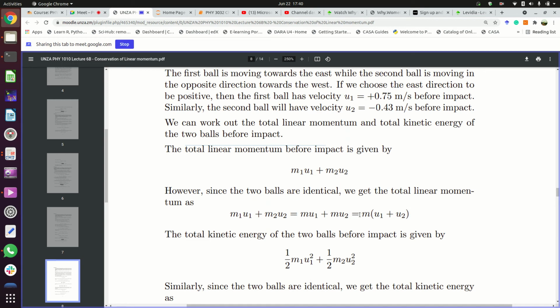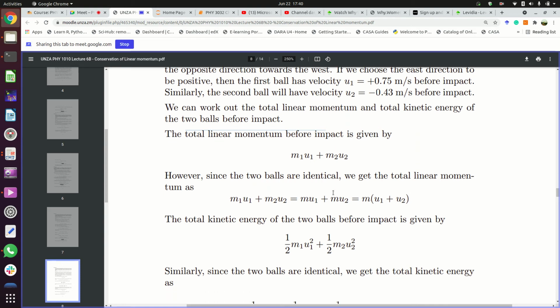When we factor out the M, we end up with M multiplied by open brackets, U1 plus U2, close brackets. So that is how much the linear momentum is before they collide.